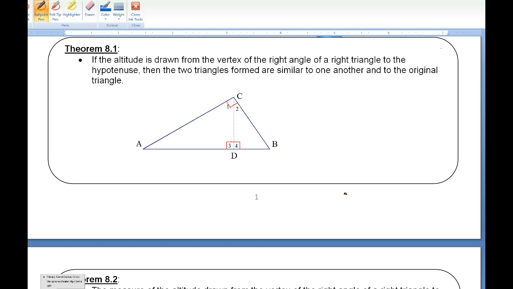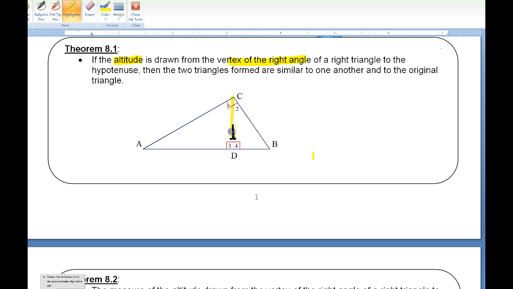So let's take a look at the first theorem involving some similar triangles that are formed in a right triangle. So the altitude, if you recall, is the segment that goes perpendicular to the opposite side. So it has to be drawn from the vertex of the right angle of a right triangle to the hypotenuse.